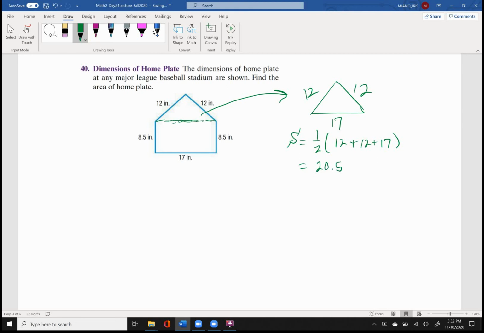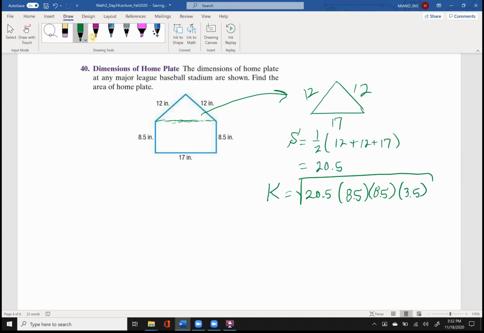Okay, so now we can get the area of this triangle by putting in the square root of 20.5 times 8.5 times 8.5 times 3.5, which are this S value having subtracted off 12, 12, and 17 respectively.